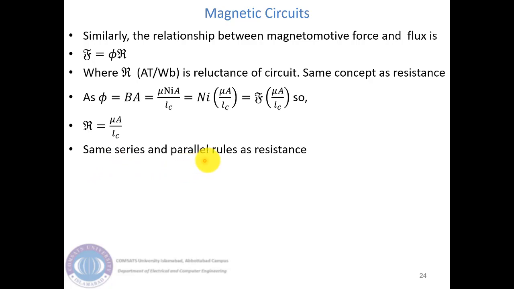The same series and parallel rules as in resistance apply to these magnetic circuits. If they are in series, the reluctances will be added together, and if they are in parallel, the flux will be divided in the parallel paths.